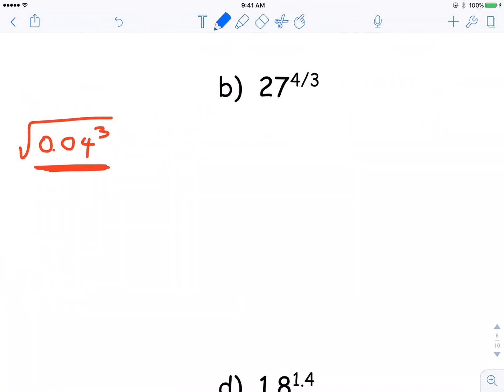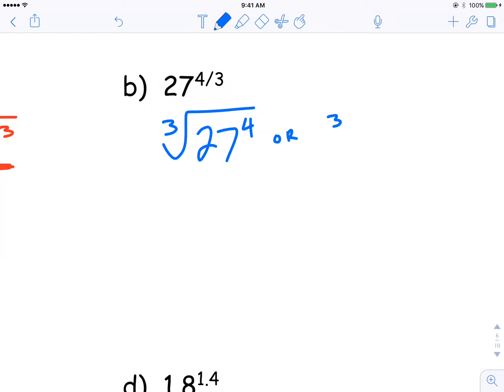Okay. Question B, 27 raised to the power of 4 over 3, which again can also be written as the cube root of 27 to the power of 4, or the cube root of 27 all raised to the power of 4.